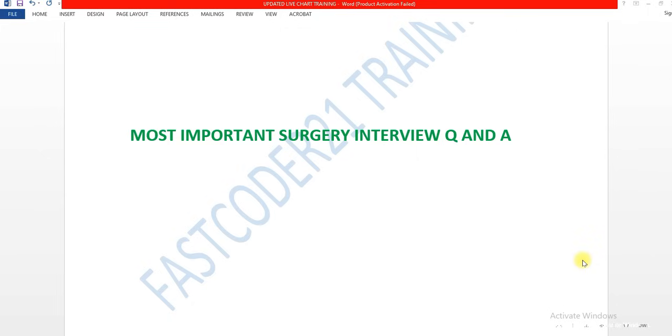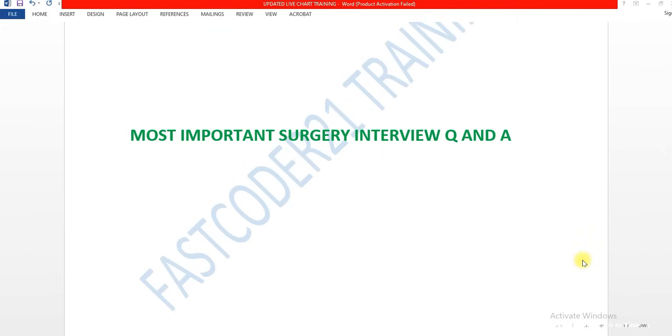So how do you code tumor removals from the musculoskeletal system? Whenever you code tumors from the musculoskeletal system, you need to check the location of the tumor first.